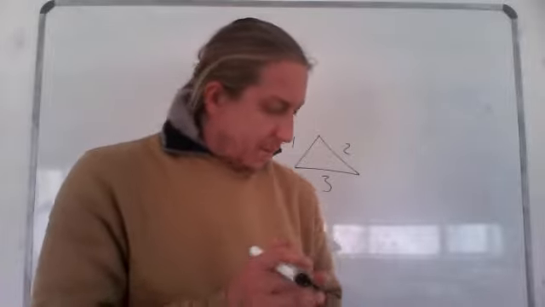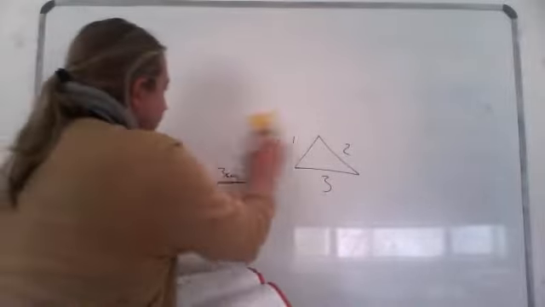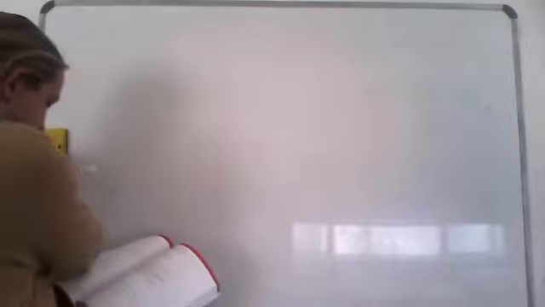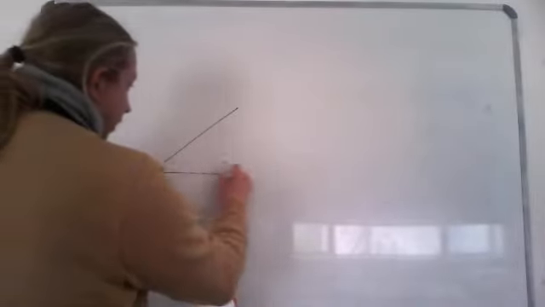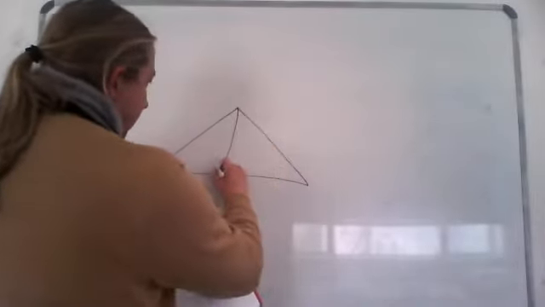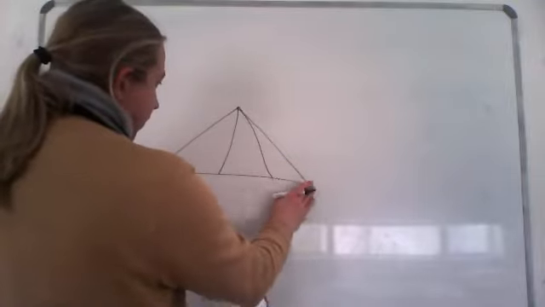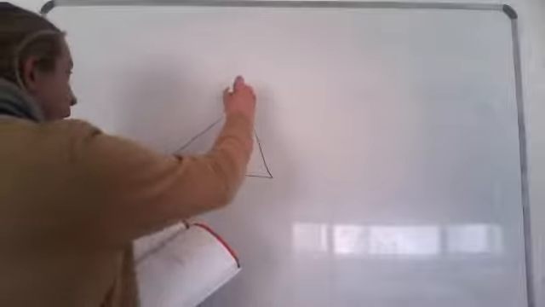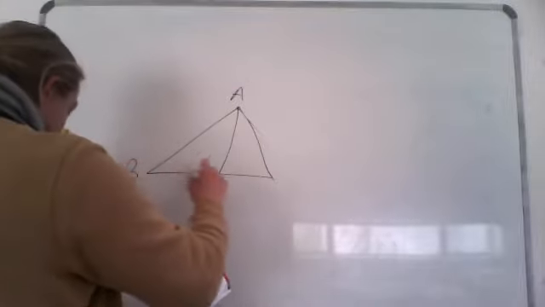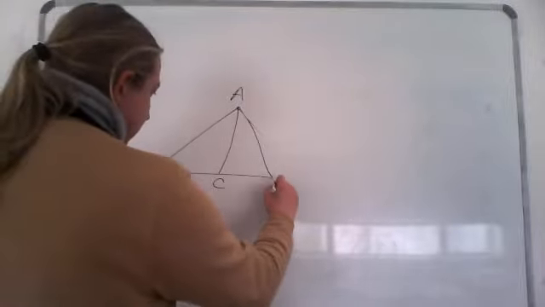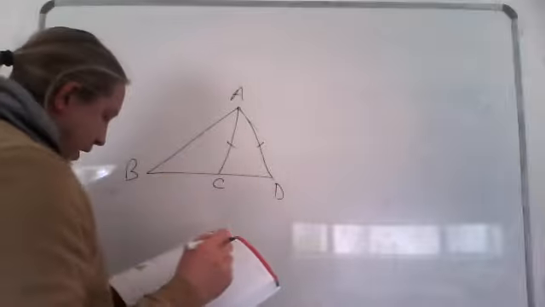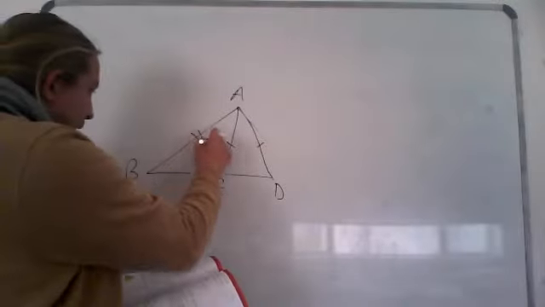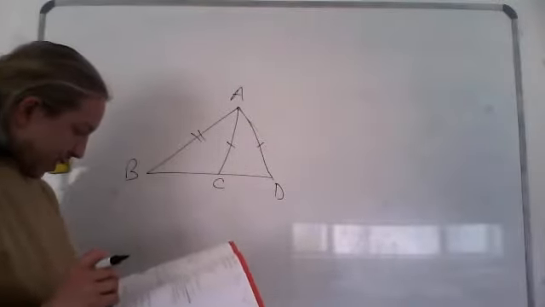So, let me draw this. We have a triangle that looks like that, and we have another line doing that. So this is A, B, C, and D, and that equals that.